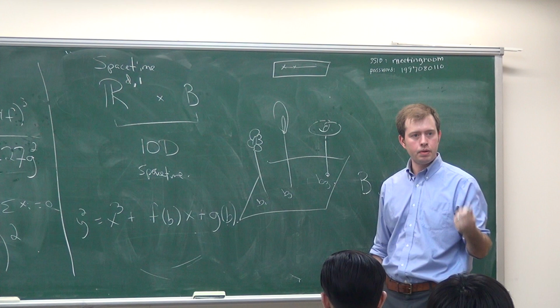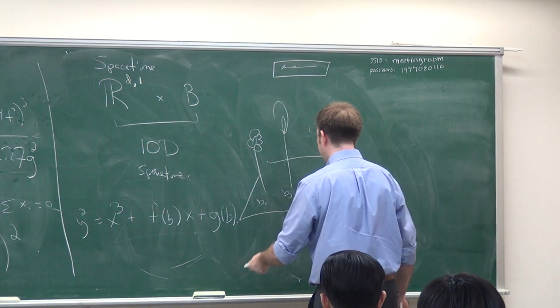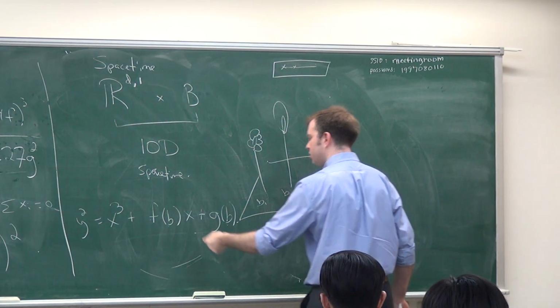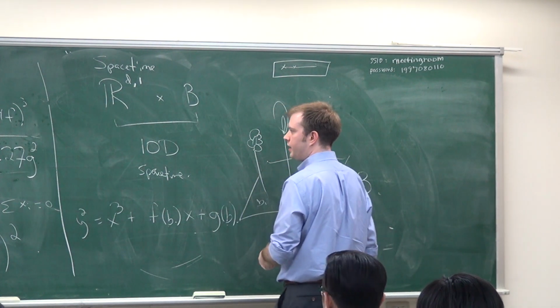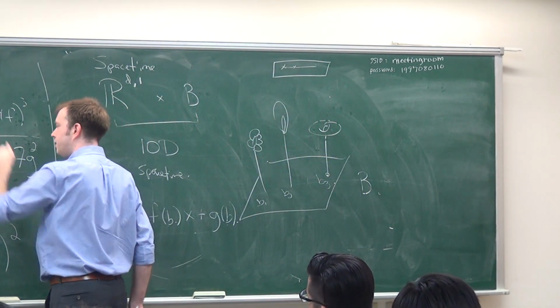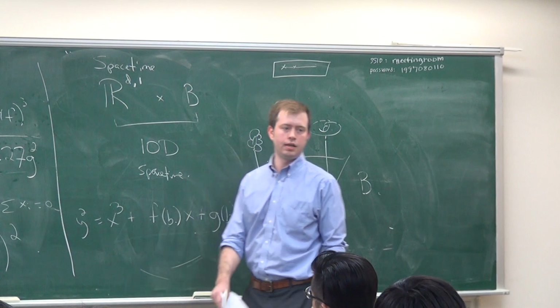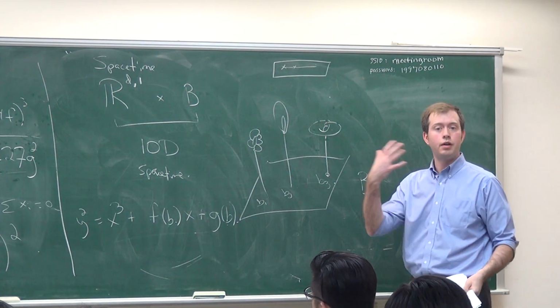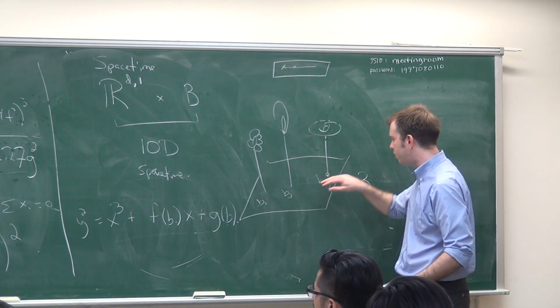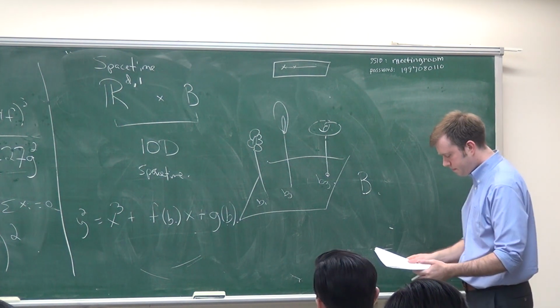And then we apply the same algorithm we had before. At this point of b, this is what f is, this is what g is, and that tells me the shape of the elliptic curve, and therefore the value of the string coupling constant at that particular point in my 10D spacetime.